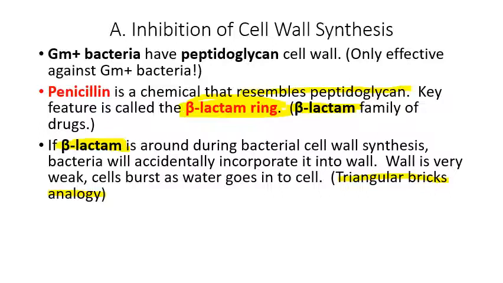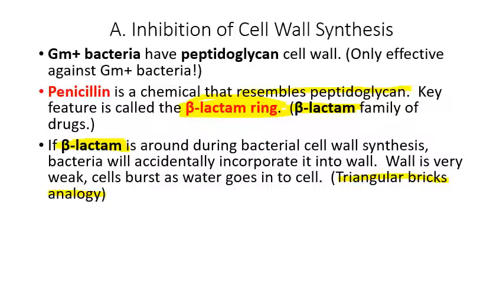What if you threw a bunch of triangular shaped bricks into his pile of bricks so that every third or fourth brick that he puts into the wall is actually a triangular brick instead of a square brick? The wall would just collapse. Right? And so that's exactly what happens with the peptidoglycan cell wall for gram-positive bacteria if beta-lactam containing compounds are around. The beta-lactam compound is accidentally put into the wall, and then it falls apart.